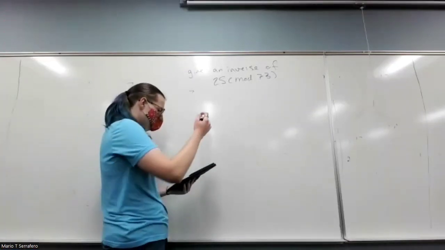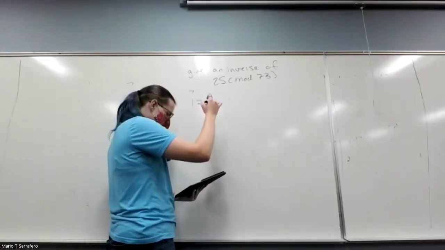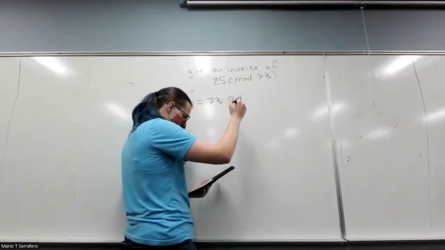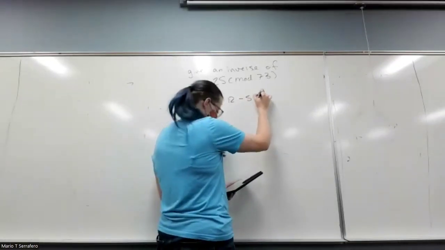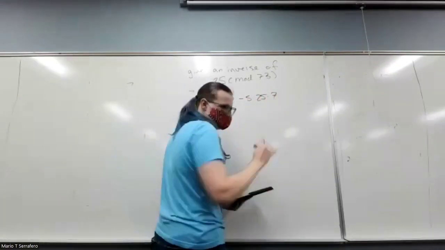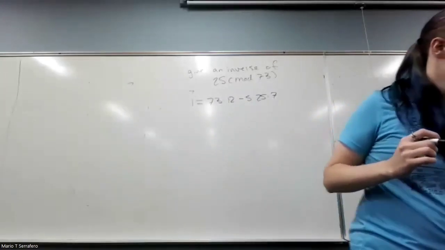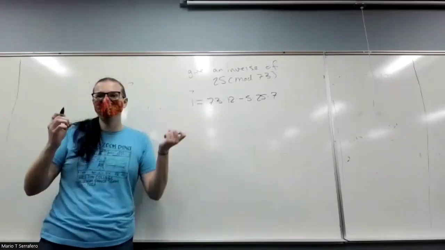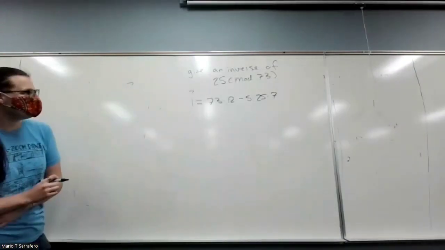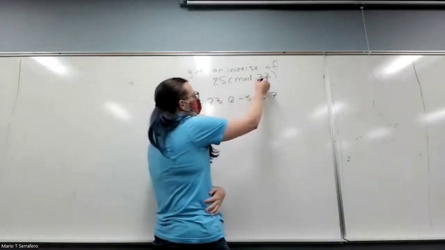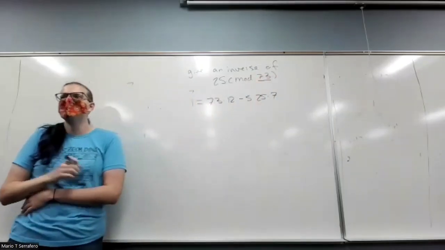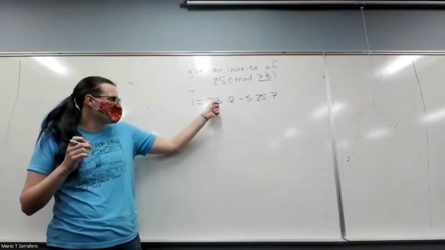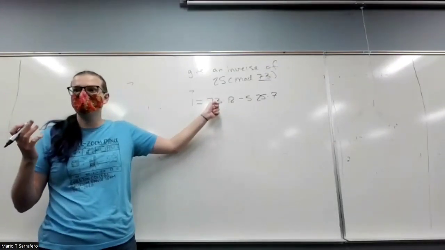So that happens to be the second one, which tells us 1 is equal to 73 times 12 minus 5 times 25 times 7. So again, I like to do some algebraic rearranging for these. We're trying to work mod 73, so I want to know what this is in terms of multiples of 73.